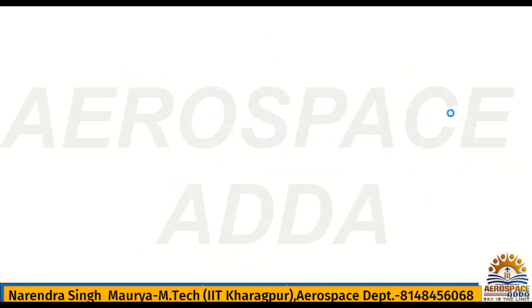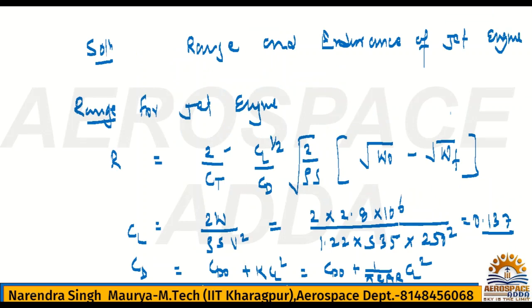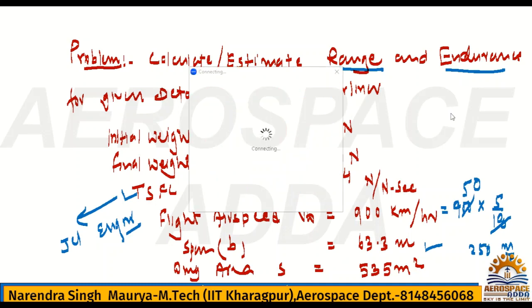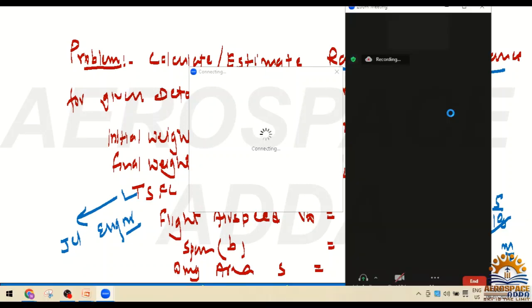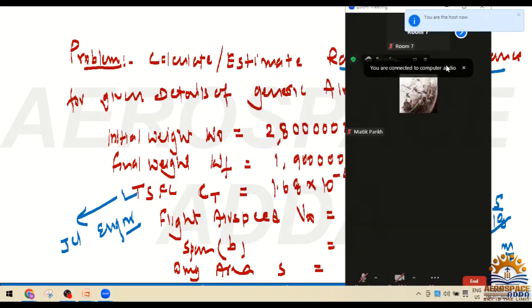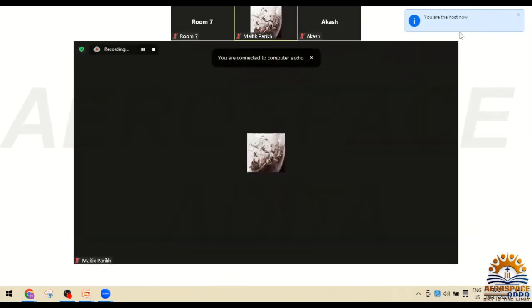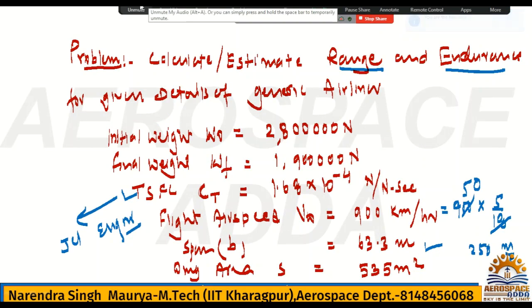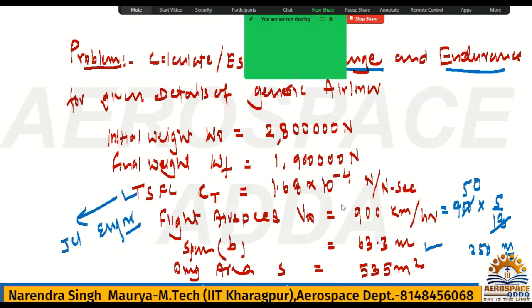What is the W naught? Area is 535, right?